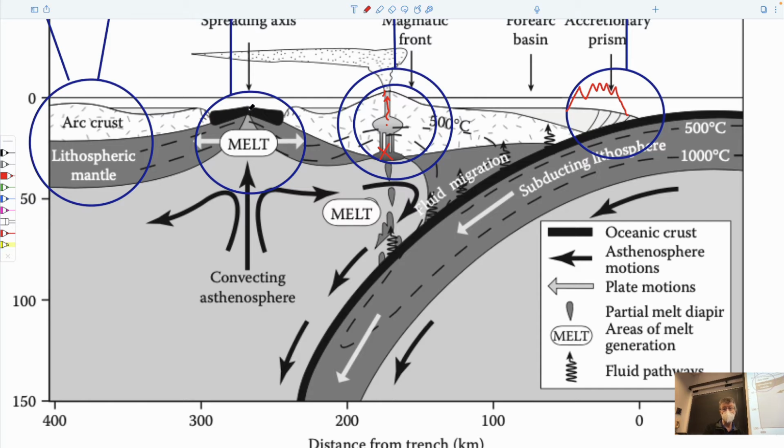So this would be somewhere like Iceland, would be a case in point, which we'll look at. This would be a case like New Zealand. This would be a case like the geysers in California. This would also be like, we'll talk about Montserrat in the Caribbean.